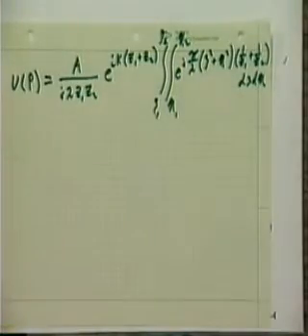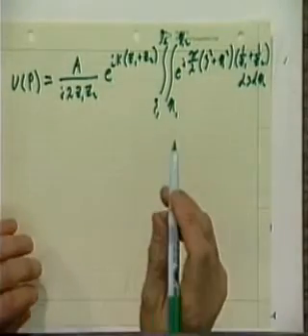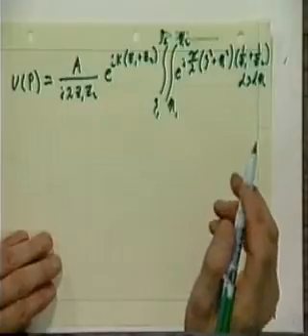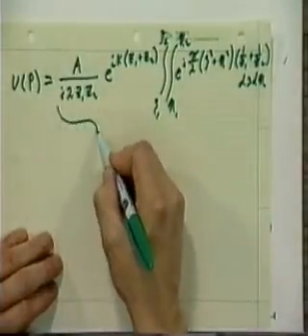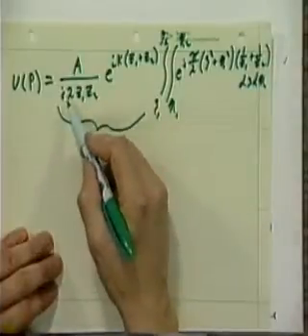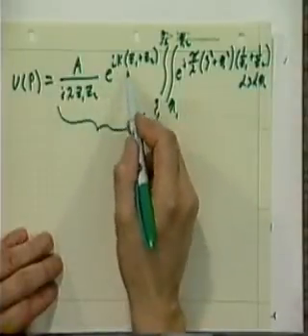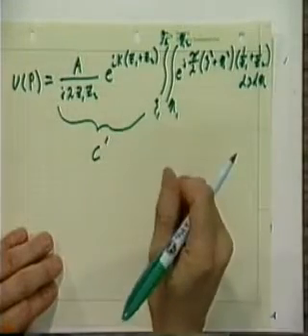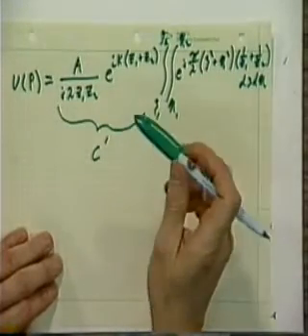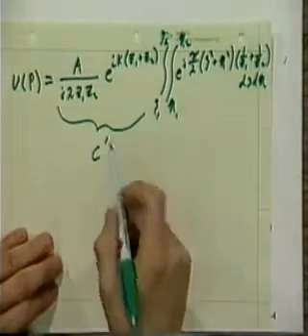And that's why these limits are like they are. And this mess out in front here, A over i lambda Z1 Z2 e to the ik(Z1 plus Z2), I'm going to call that C prime. I won't call it C because I'm going to have a C later.